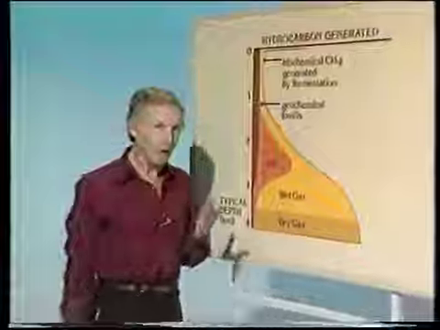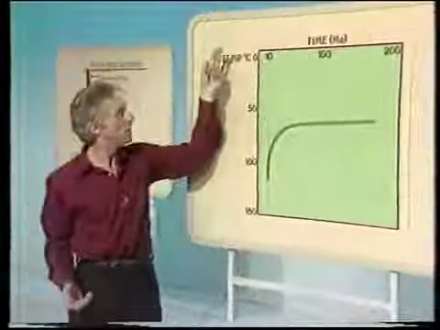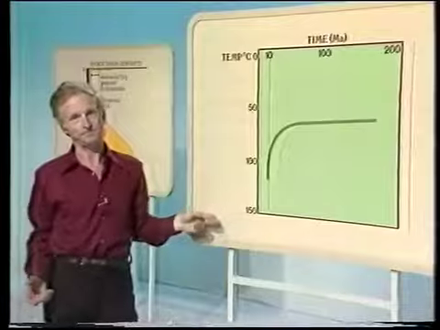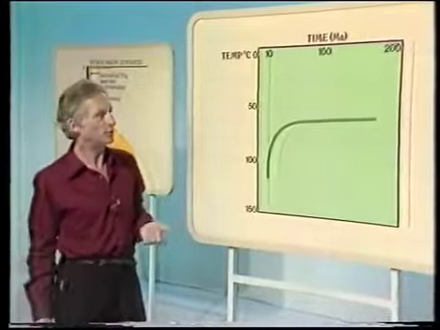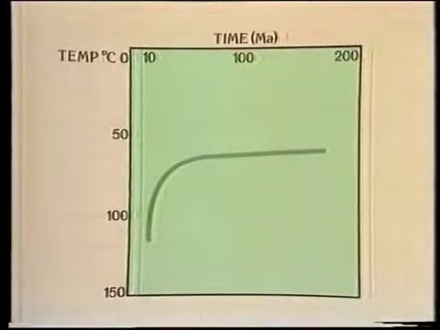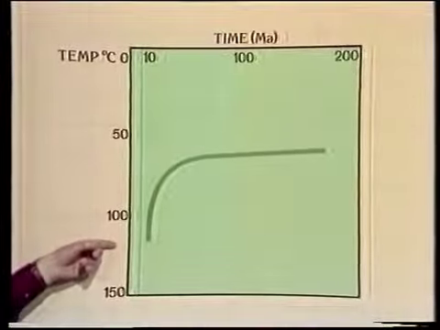But that's actually only part of the story, because these reactions we've been looking at depend on time as well as on temperature. This graph shows you the broad relationship between those two parameters. Oil will form at temperatures of between about 60 and 120 degrees centigrade.